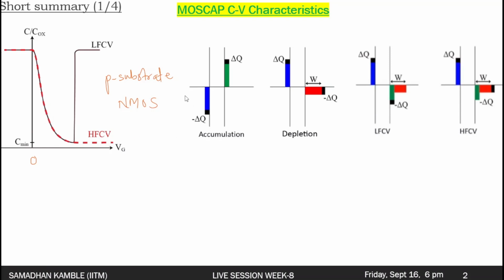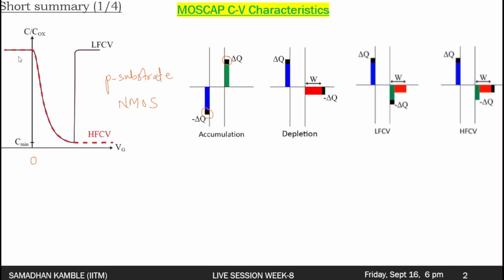If you consider the balancing charge on the other side of the plate, it appears on the interface of the oxide and the semiconductor layer.